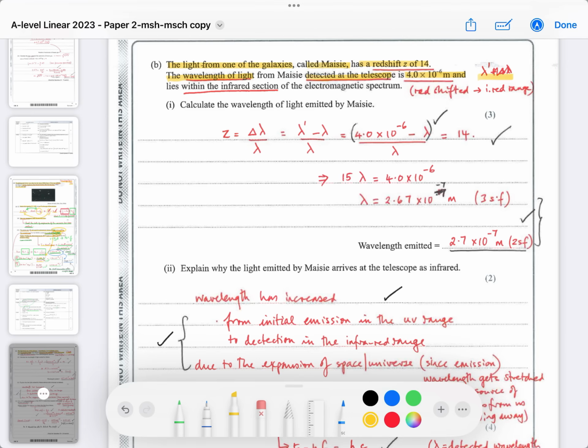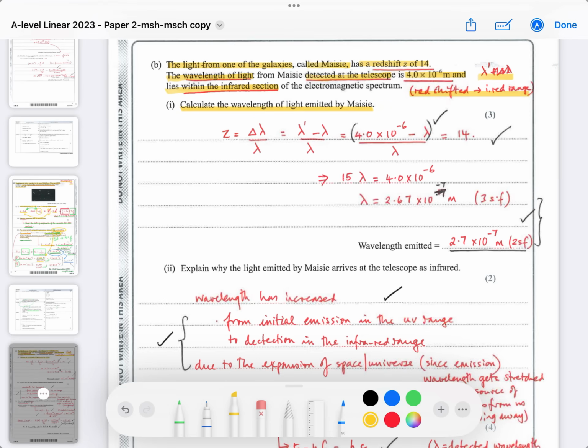It may not be the correct wavelength because it lies within the infrared section. So it's redshifted into the infrared range from whatever it was initially, because it's redshifted by a factor of 14, which means it's become longer. So positive redshift means the wavelength has increased. We've got to calculate the wavelength of light originally emitted.